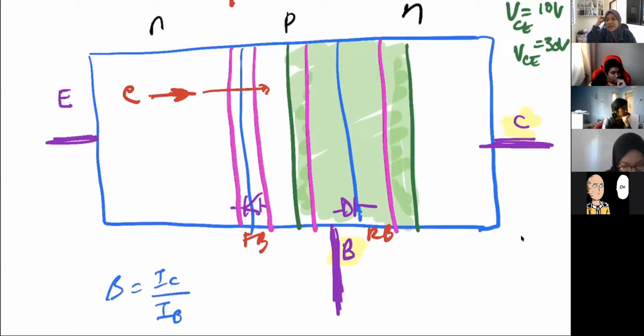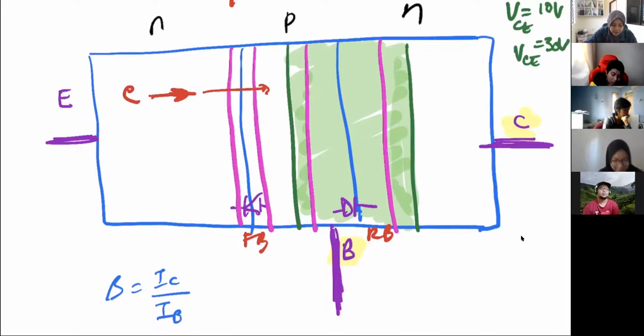Diffuse ni forward bias, drift ni reverse bias. Yang benda tu simple je, okay. Dia tak susah pun, you diffuse when it's forward bias, it's drift when it's reverse bias. Okay. Generally.